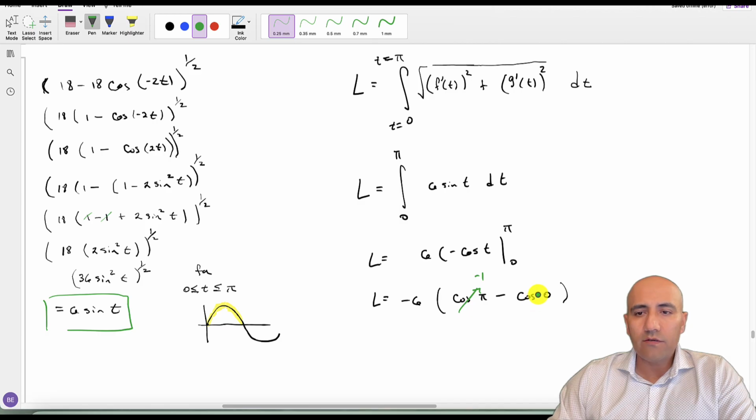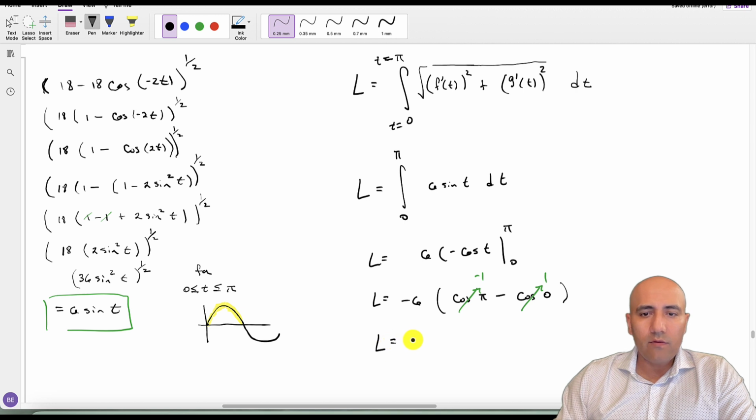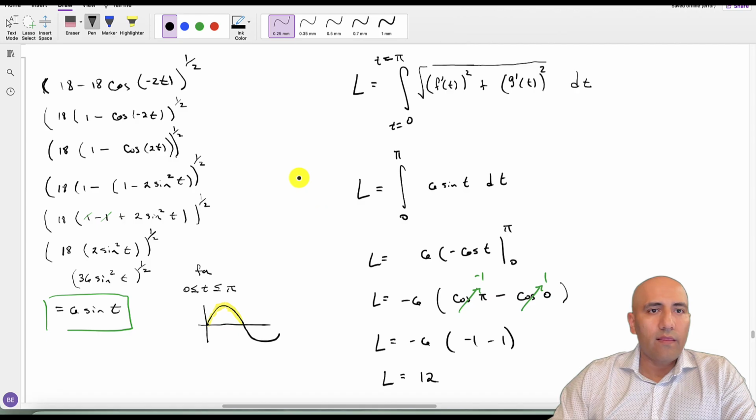And cosine of 0 is equal to positive 1. So then this turns into the L value is negative 6 times negative 1 minus 1, which gives you negative 2 times negative 6. So L equals 12. And that's our answer. L equals 12.